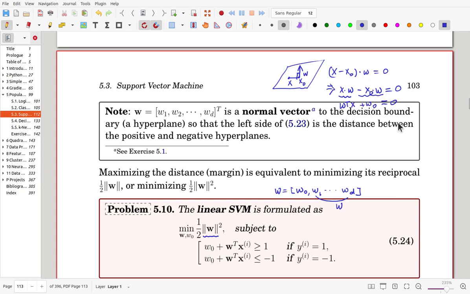So W is the normal vector of the hyperplane. Once you start with that one, you can get this one, but the other way also works: you may start with this one and figure out that it is a normal vector.